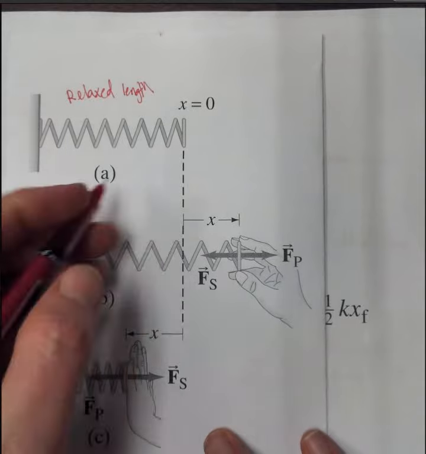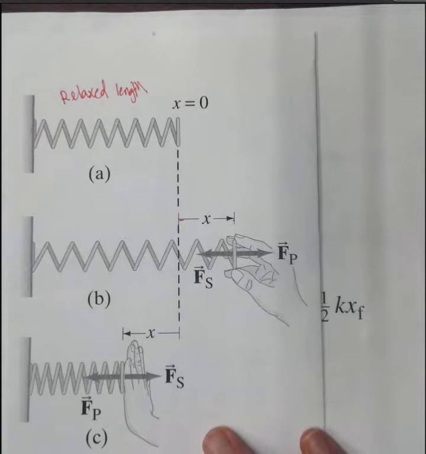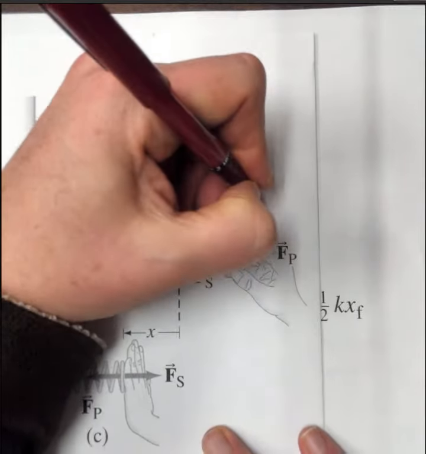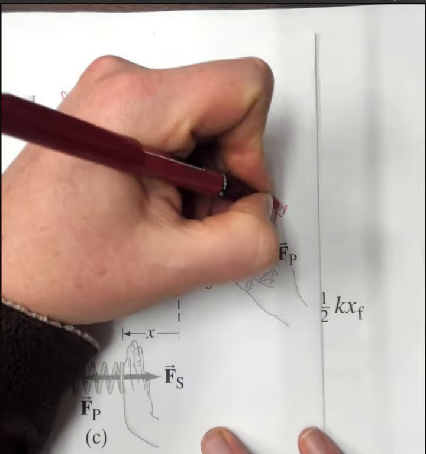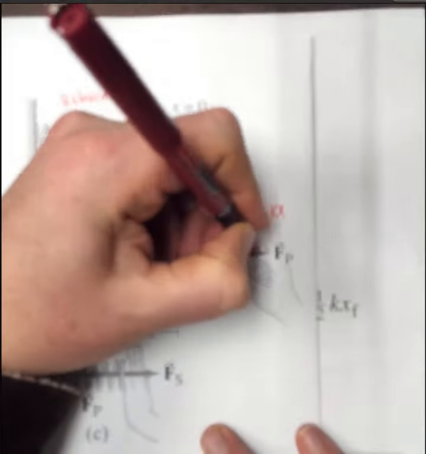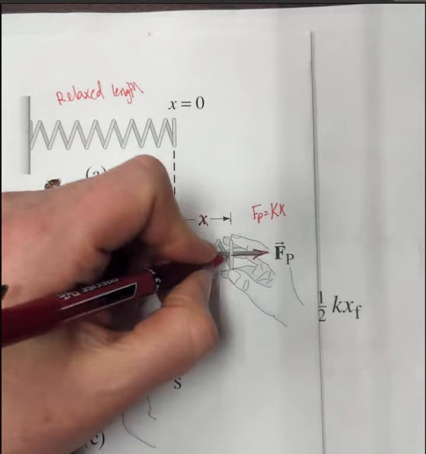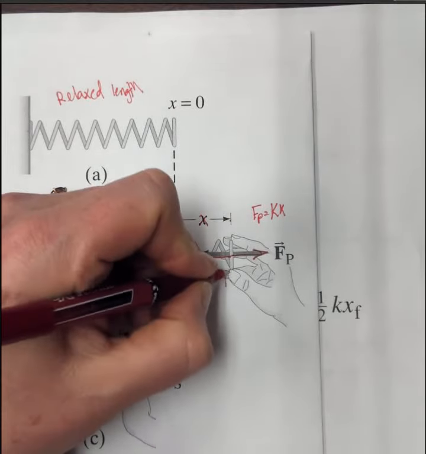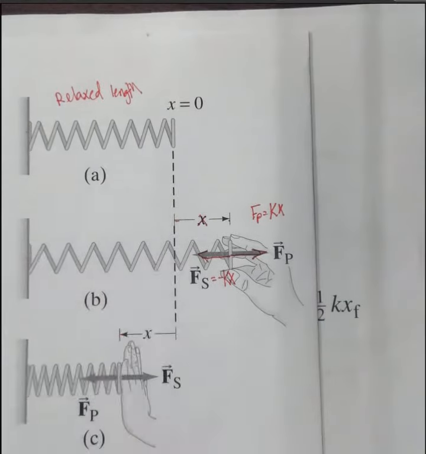However, if we stretch the spring out by this amount, x, there is a pulling force, and that pulling force is going to be equal to kx, and it's in this direction. The spring then has an equal but opposite force of negative kx, which means that the spring's force is in the backward direction.